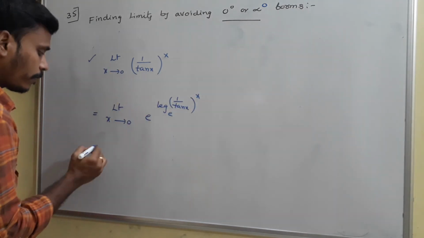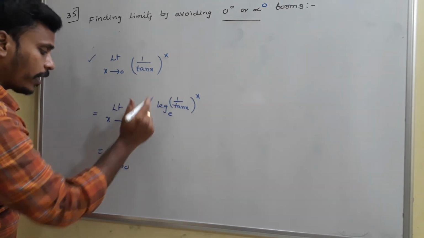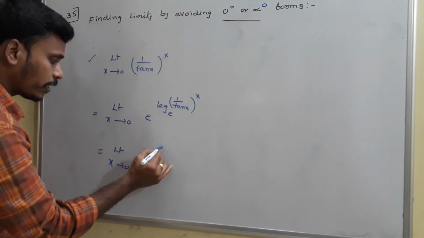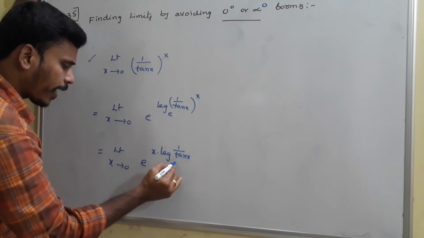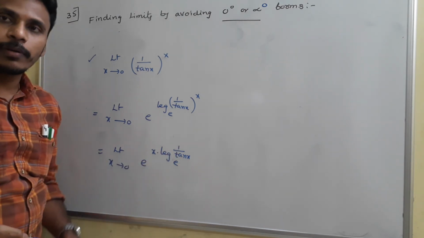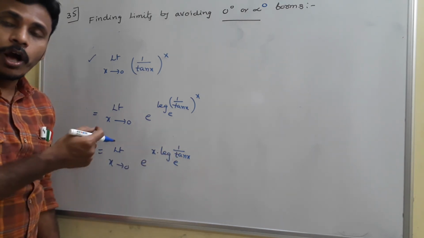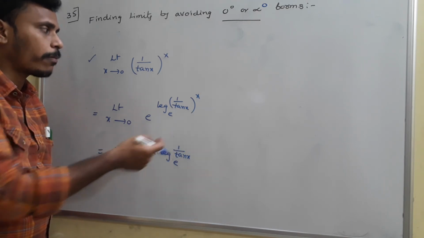Now send x here. This is equal to limit x tends to 0 of e power x into logarithm of 1 by tan x base e. And the logarithm of 1 by tan x base e is simply log 1 minus log tan x. Or otherwise, tan x to the power minus 1, you may write.